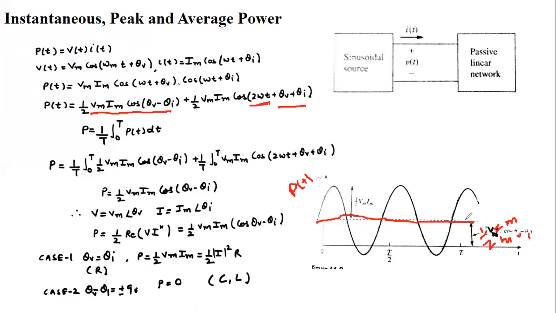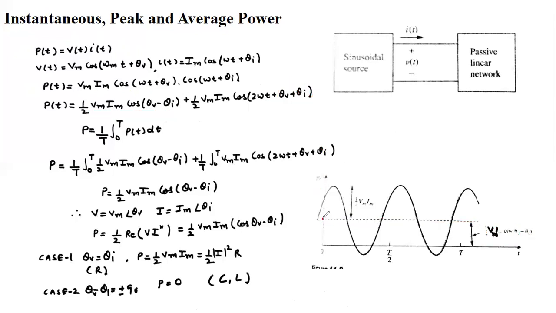This is a constant term, so it does not vary with respect to time. The second term is a time varying cosine term with an initial phase, where the phase lead is theta v plus theta i. This is the total initial phase. I'm clearing my drawing.